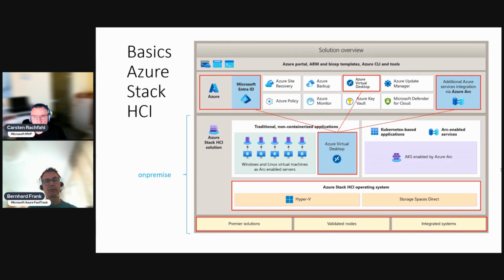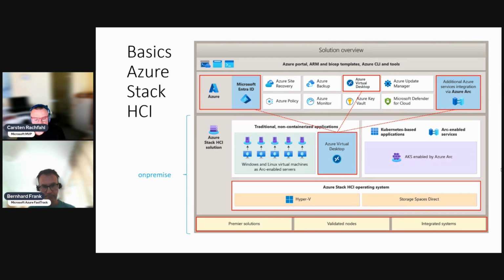For example, on the right-hand side, you see the Azure services integration using Arc. This is an agent that runs inside of every desktop and connects this desktop up to Azure. You could use, for example, Azure policies to make sure that the password strength is enough on these nodes. That's basically the idea for AVD, but that's also a little bit of a role model for other services that you can put on top of HCI.